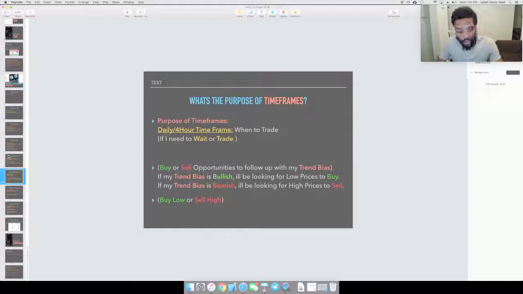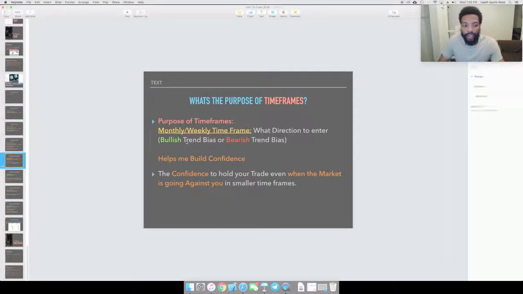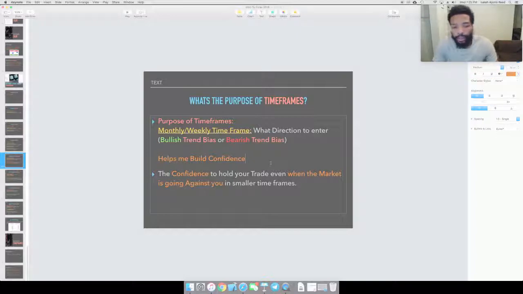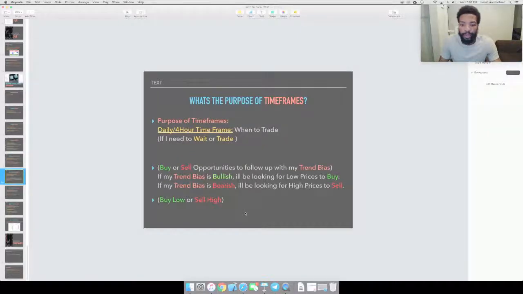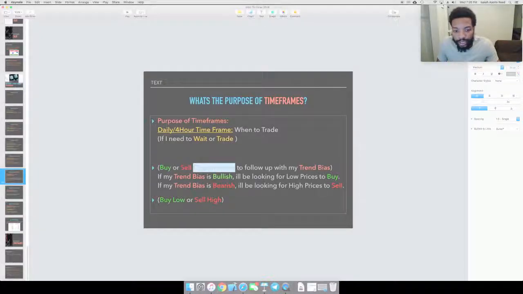What do I mean by trend bias? Let me highlight this for you guys. Trend bias. I'm using the monthly time frame to tell me the overall direction. If it's in a bullish trend in the monthly time frame, then I'm going to be looking to buy. So I'm looking for buy or sell opportunities to follow up with my trend bias.